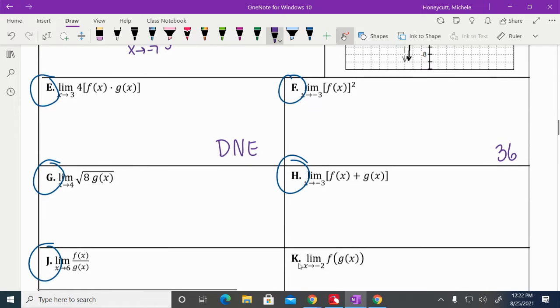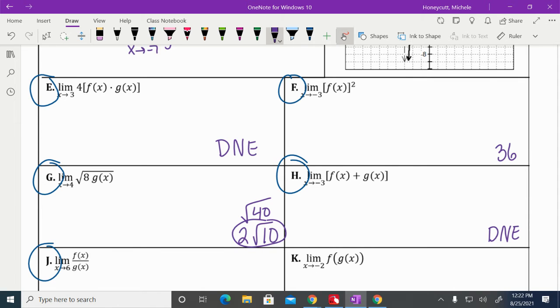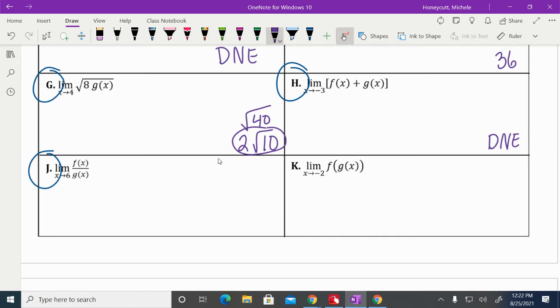On G, I got 2 square root of 10. If you don't simplify it, it would be the square root of 40, but I would prefer the 2 square root of 10. On H, I got does not exist. And then J, I got 0.